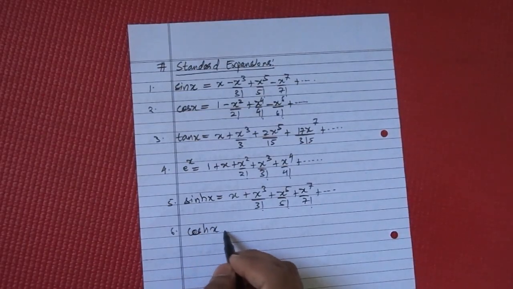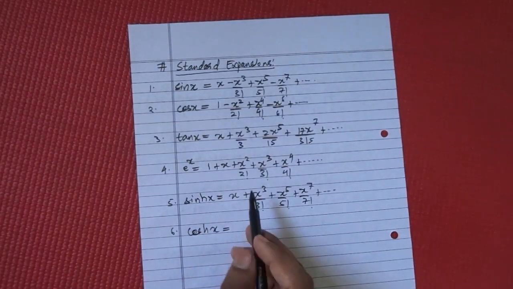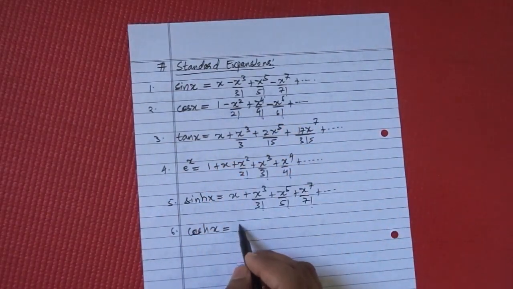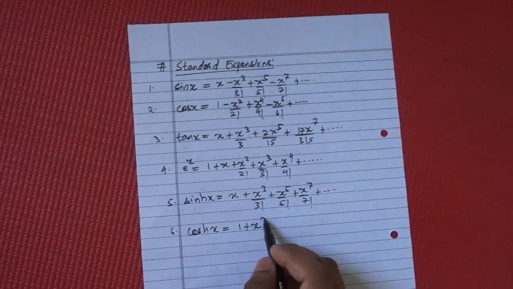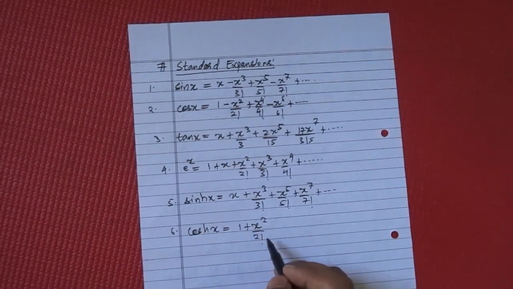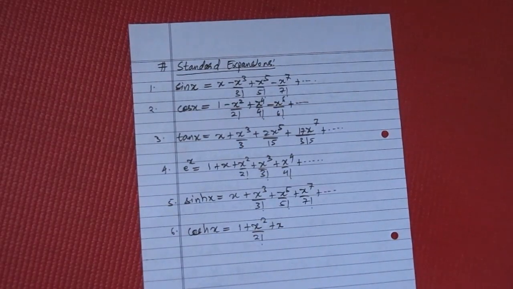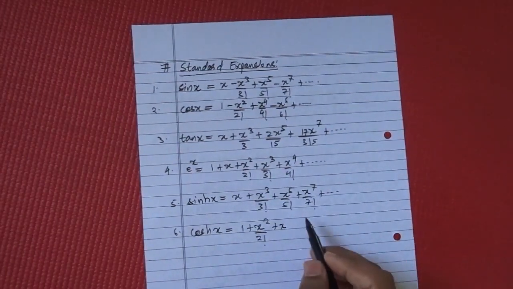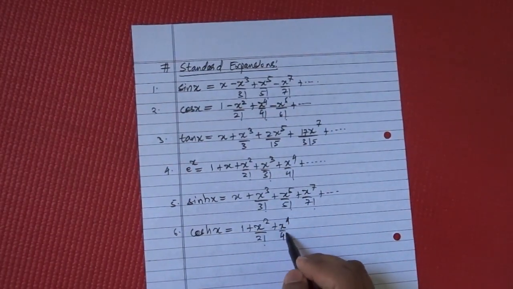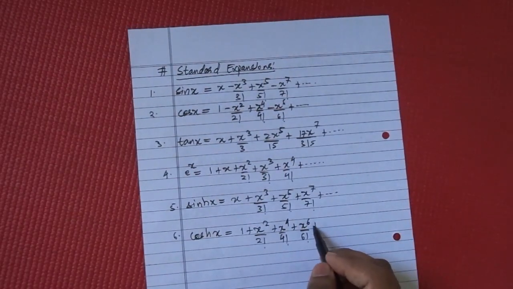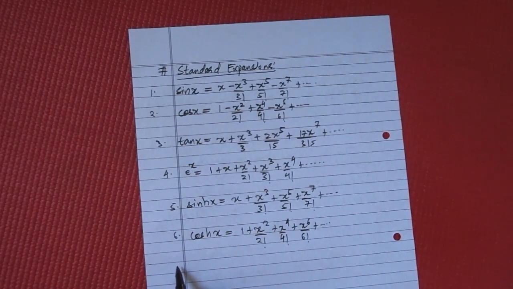Cos hyperbolic x, it's similar to cos series but remove the negative signs. So 1 plus x square upon 2 factorial plus x raised to 4 upon 4 factorial, x raised to 6 upon 6 factorial up to infinity.